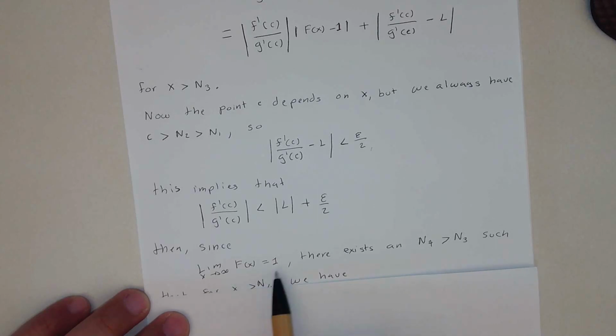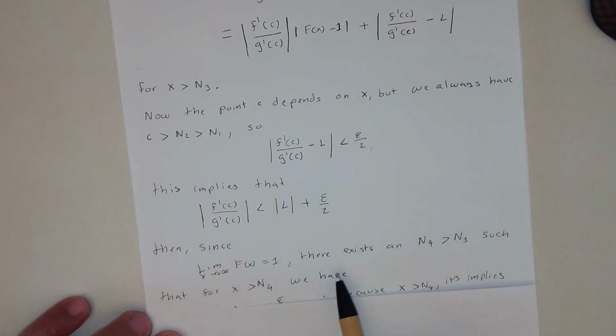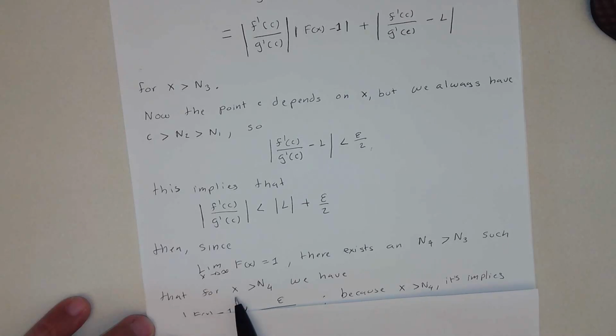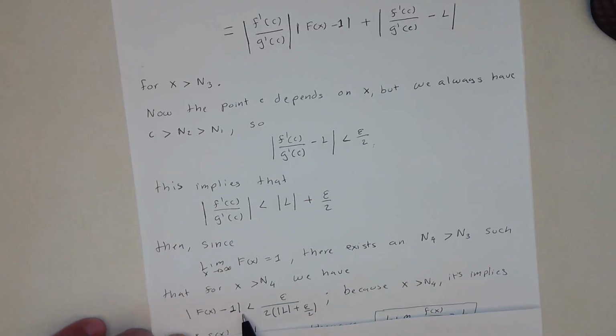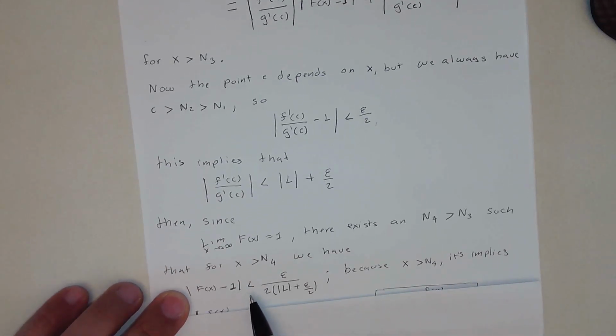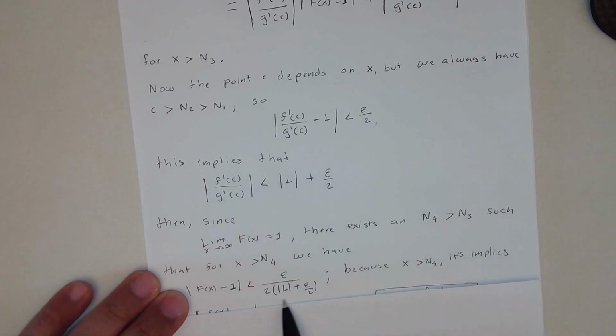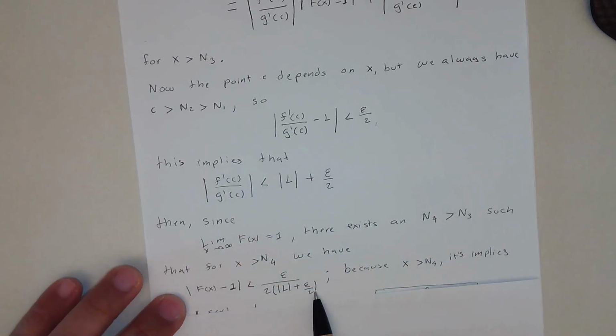since the limit of this function is 1, we saw that limit before, there exists another n4 greater than n3, such that for every x greater than n4 we have that this difference in absolute value is less than, of course we do the simplification here, is less than this one, right?